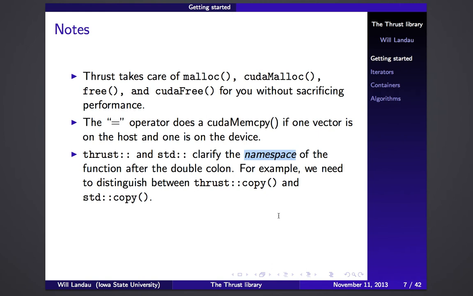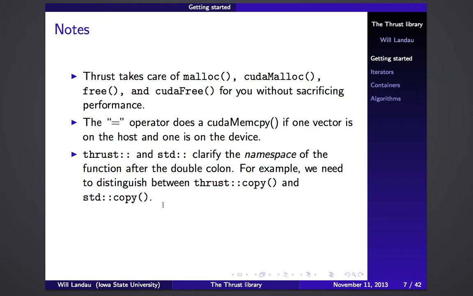When you have conflicts in names, for example the thrust library has a definition of the function copy, and the C++ standard library also has a definition of the function copy, which one do you use? It can be ambiguous at times, but if you want to use thrust's version of copy, you precede it with thrust::copy, and likewise for std.